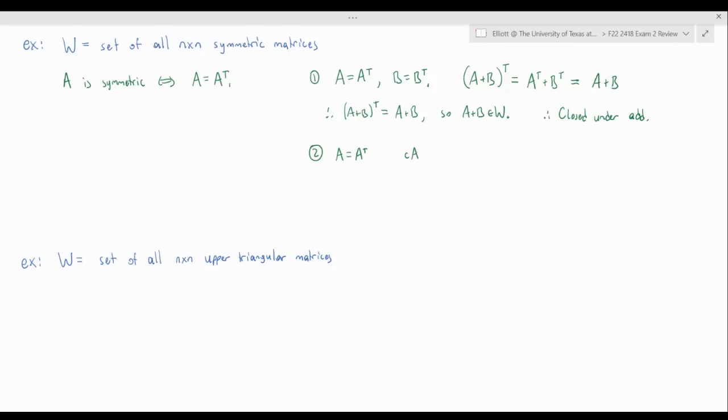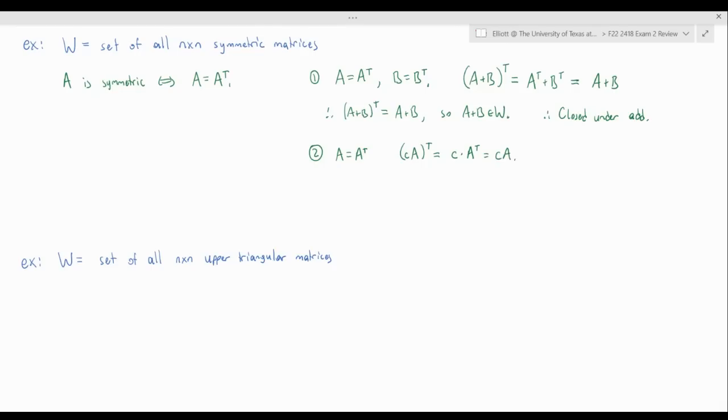So if we look at C times A, and we look at the transpose of it, there is a property of transpose that you can pull the scalar outside of the parentheses. So this is just C times A transpose now. And then again, we're working with a symmetric matrix here. So A transpose will be equal to A. So this is just C times A. Okay.